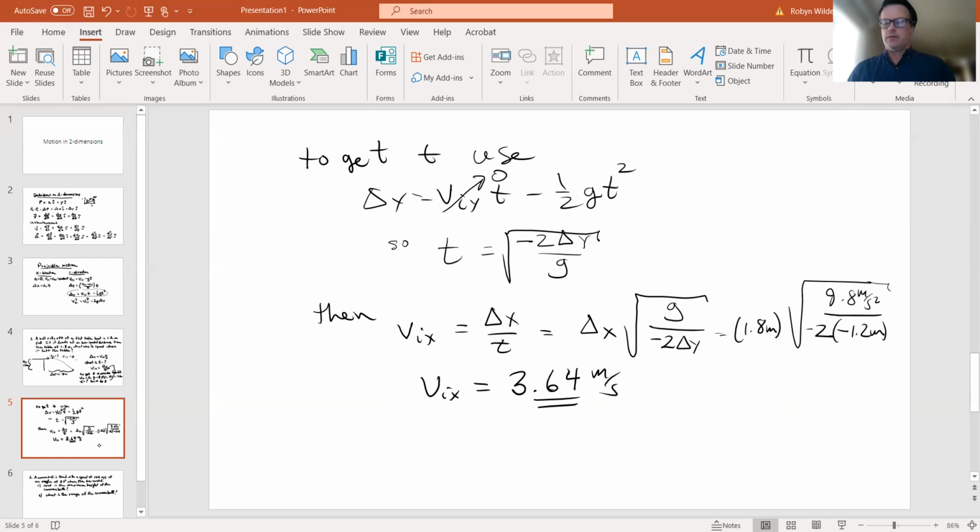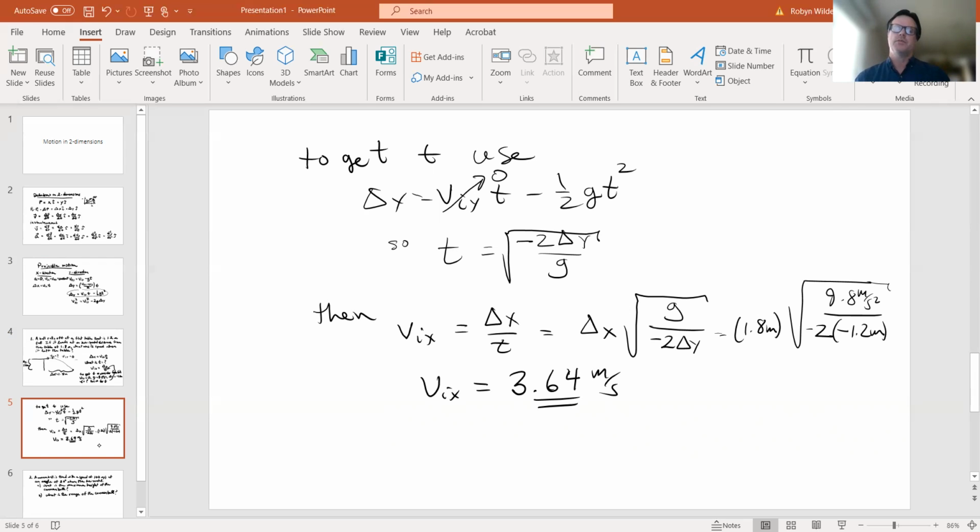Hopefully that shows you that I really do two separate problems, and the two separate problems are connected through the time. Just to finish, if I have a formula, I can check my answer. I could check my units and verify that they do come out to meters per second.